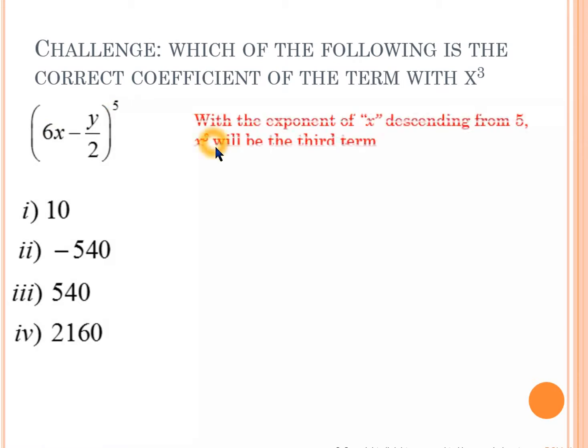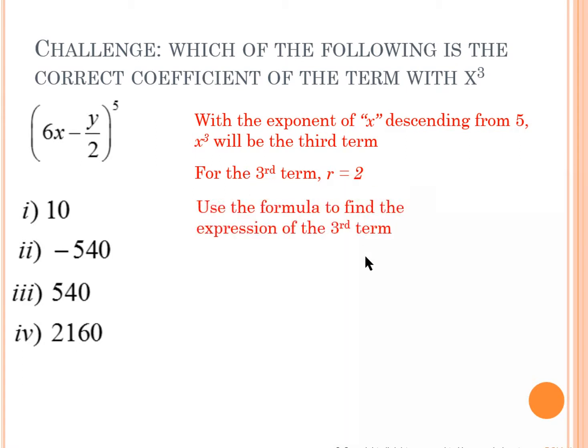With the exponent of x decreasing from 5, x cubed will be the third term, which is exactly what we just talked about. So for the third term, r will be 2. r is always 1 less than the term value. Then we can use our formula, T_r equals n choose r, x to the power of n minus r times y to the power of r.